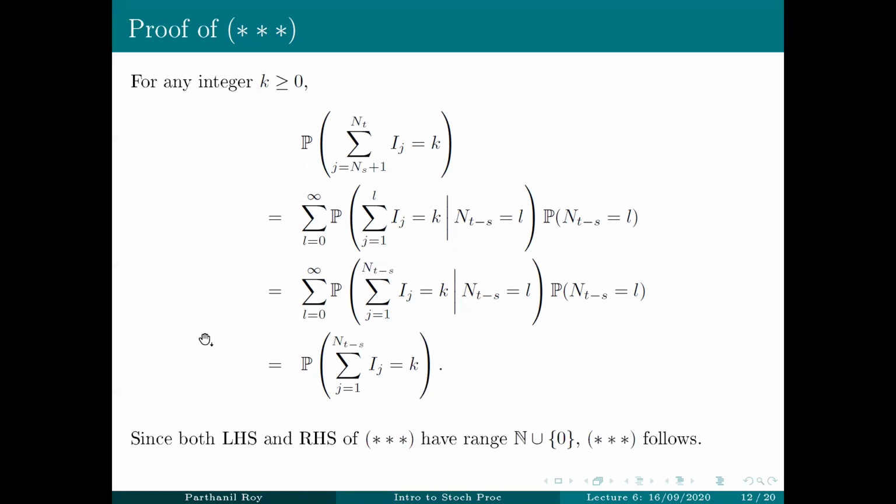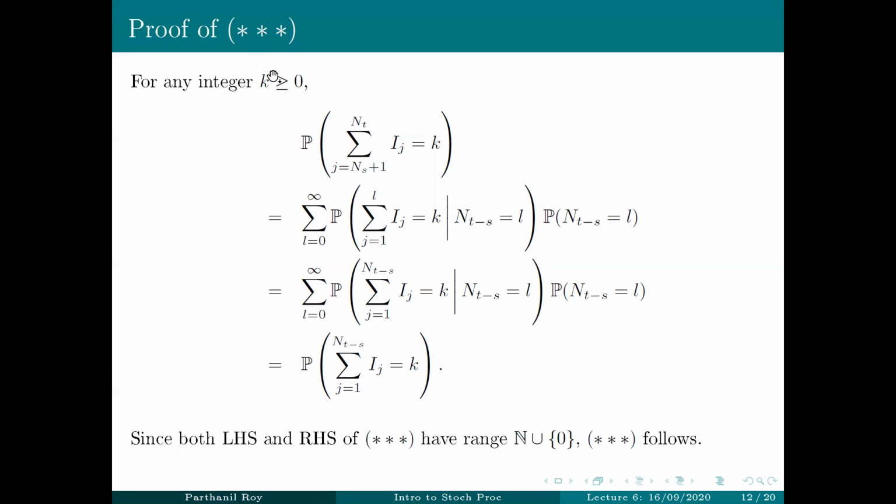So therefore, we have been able to show that the left-hand side and right-hand side of star, star, star are the same. To be honest, the right-hand side and the left-hand side only deal with random variables, and both random variables, the one on the left-hand side and the one on the right-hand side of star, star, star, have the same range, which is the set of all possible non-negative integers.